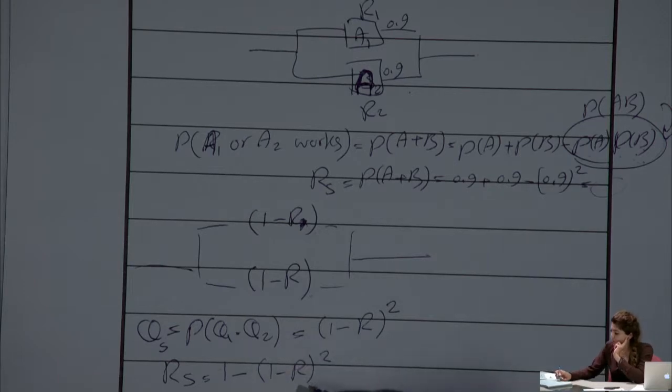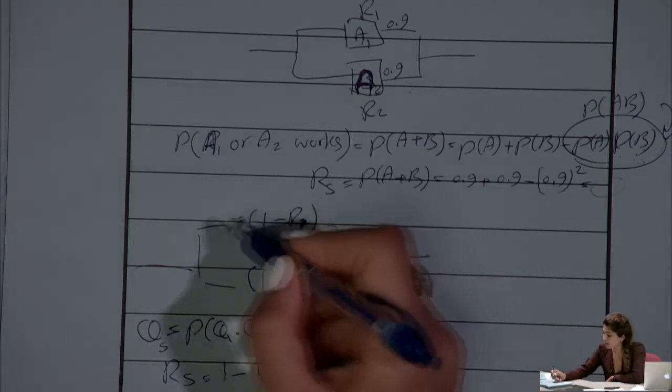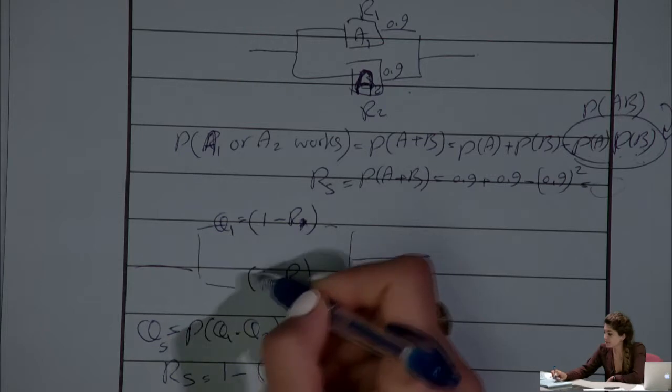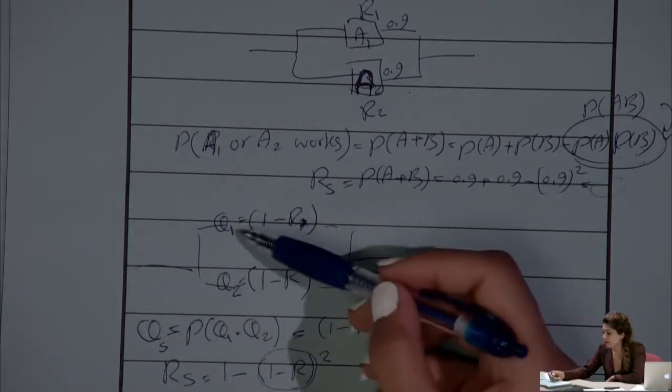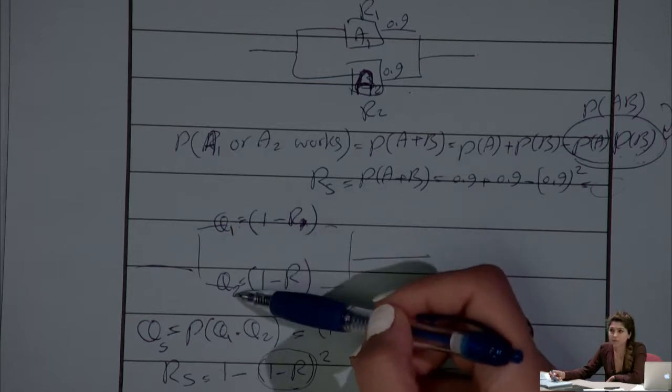If the R's were different, then what would happen? So basically, this is called Q1, and this is Q2. So I can say 1 minus Q1 multiplied by Q2, basically. Is that right?